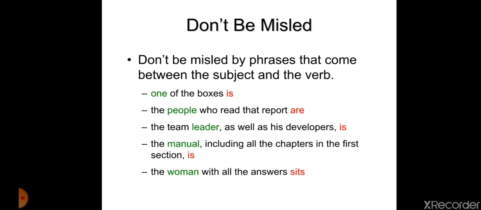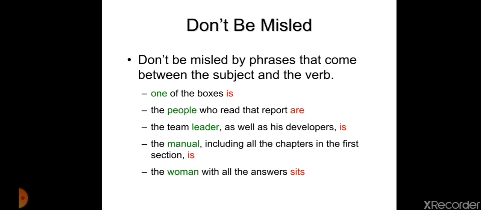Actually, people may confuse that the real subject in the phrase is boxes. That's not correct. Of many boxes, we are talking about only one. So therefore, the subject is one. But the verb comes close to the plural form called boxes. That's not correct. So one of the boxes is correct.